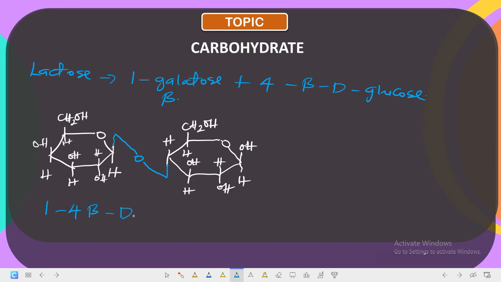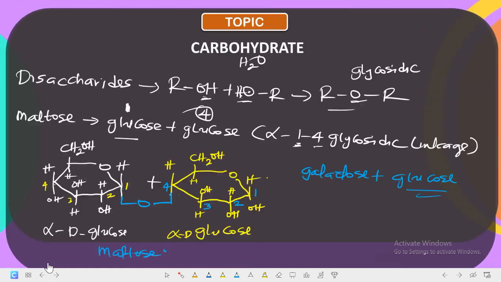Are we getting it? Beta D linkage. Or you can say 1 beta galactose, 4 beta glucose linkage. Are you getting it now? So that is the one for lactose.